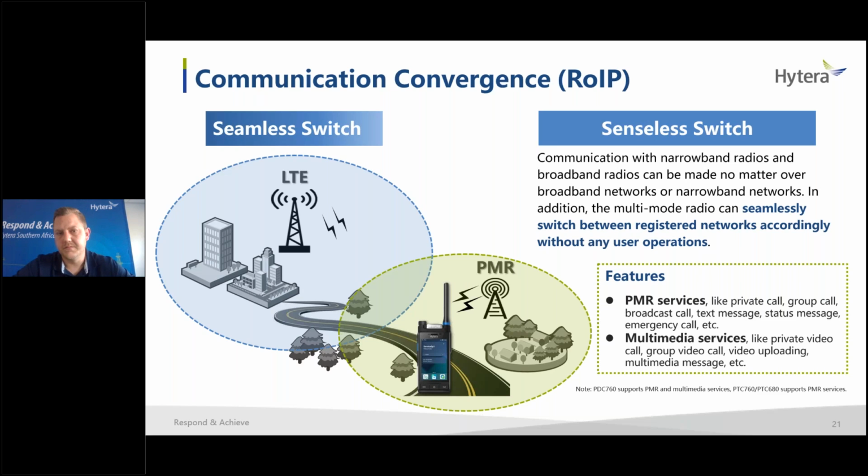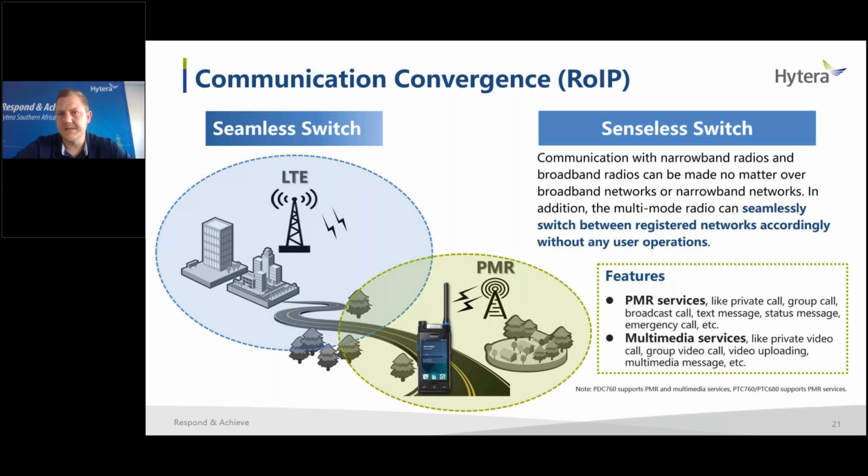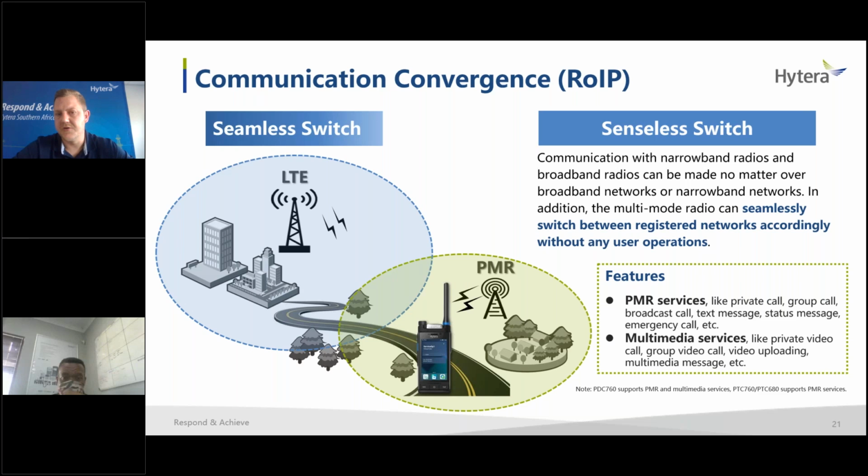One of the nice things about our solution is that your radio ID is the same for either your narrowband network or your LTE network using our POC platform. So it's seamless communication from either one of the two, and all the functionality still stays there, so you don't lose any functionality, except if you're on the LTE side, you have broadband, which means you can then do video and imaging as well.